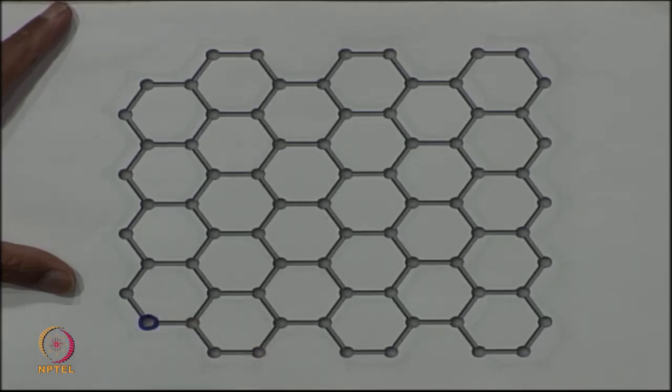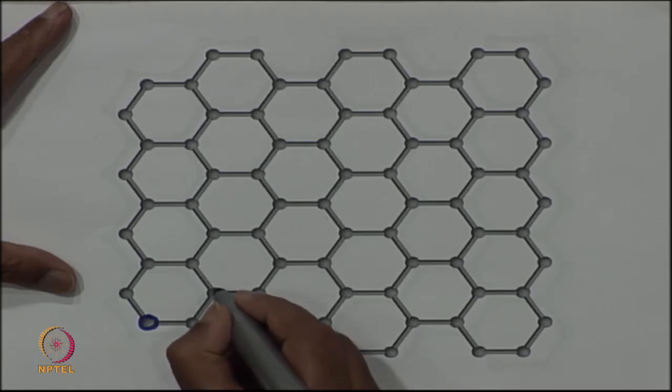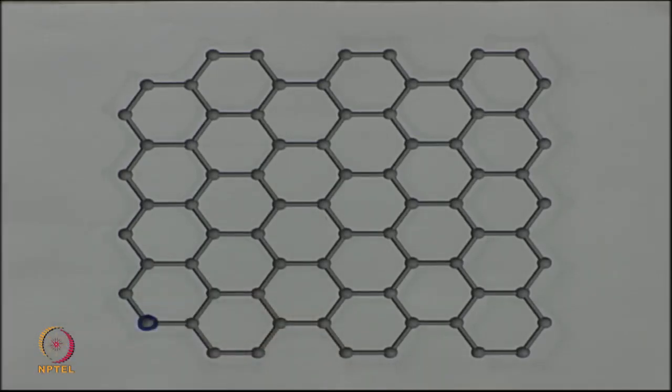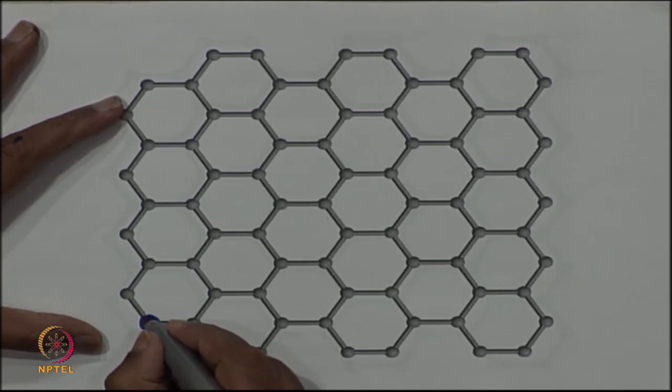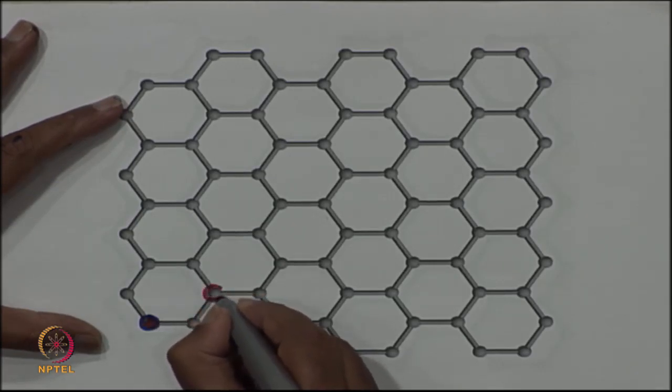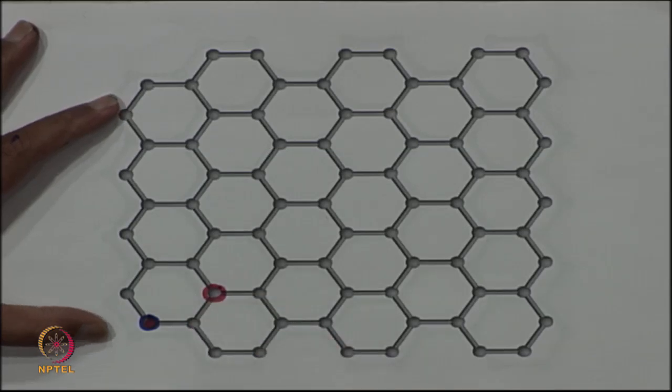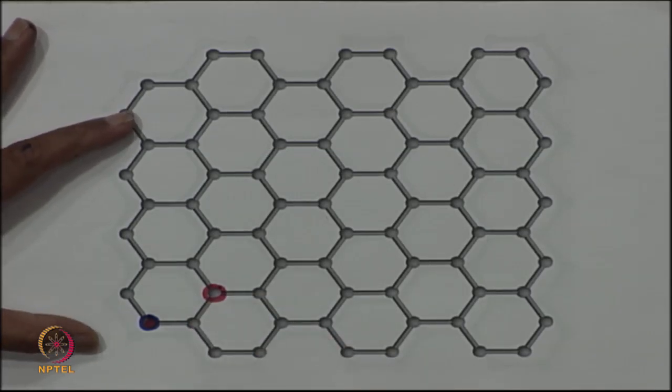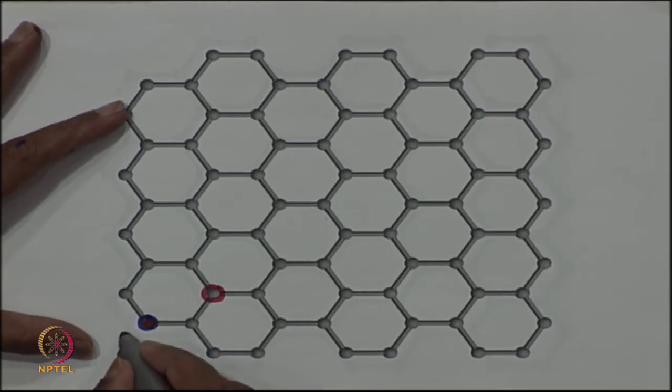If I take this atom as my origin, then the near neighbor is not lattice equivalent, because it has a different kind of neighborhood.